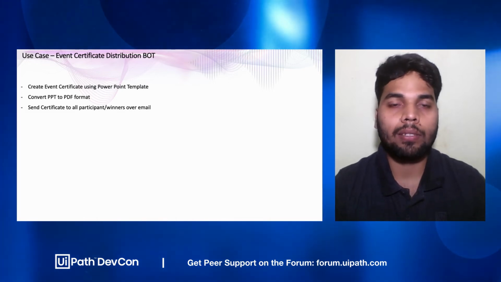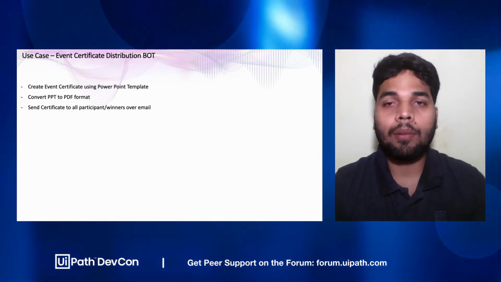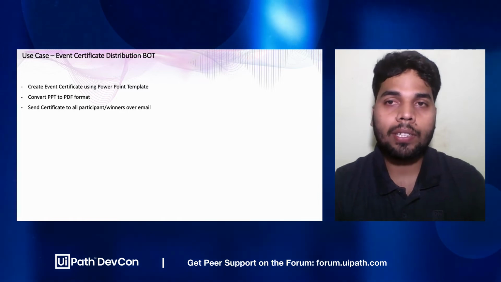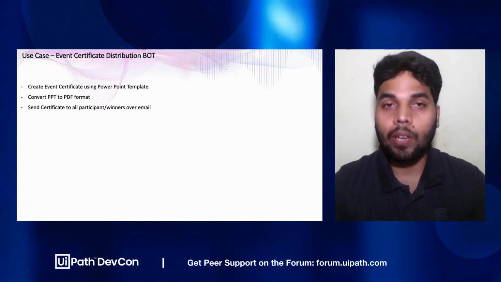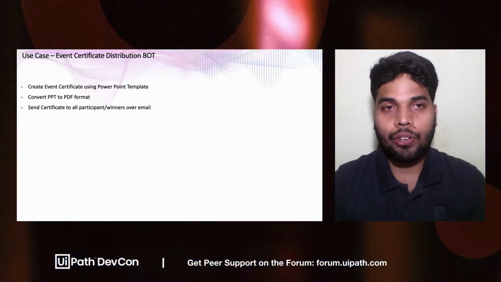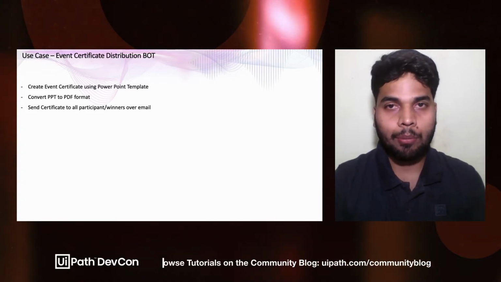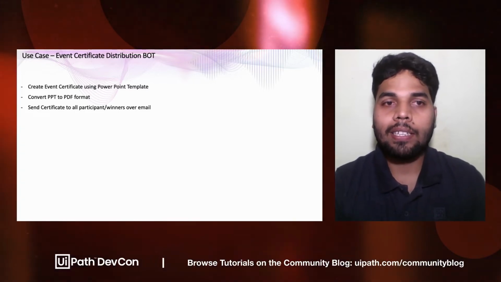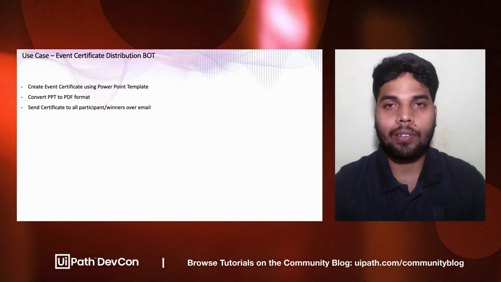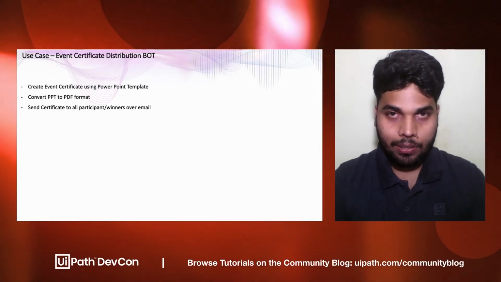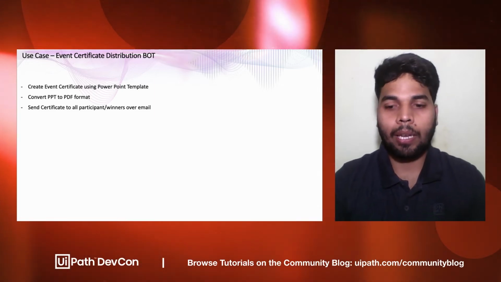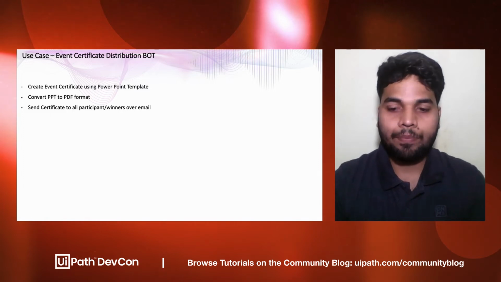Some event happens and there are winner emails to send. It's a manual activity. It's a common scenario with any event, and manual in nature. Using UiPath Studio X, we'll build a bot in the next 5 minutes, just 5 minutes, and then we will see the bot in action. It will create the certificate and start distributing it over email. So let's do that.